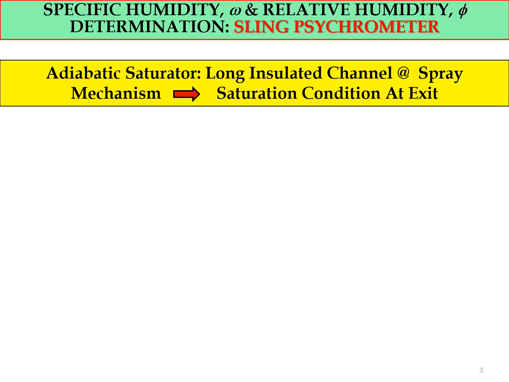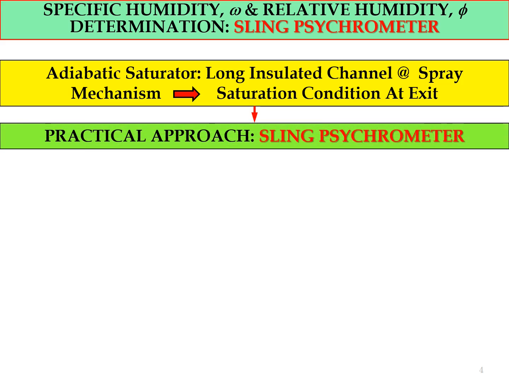Because if we look at the adiabatic saturator, the size and the length of the device might be too long and too big, so it is not practical as a device for measuring the specific humidity and relative humidity. So the practical approach to determine the humidity is to use a device called the sling psychrometer.